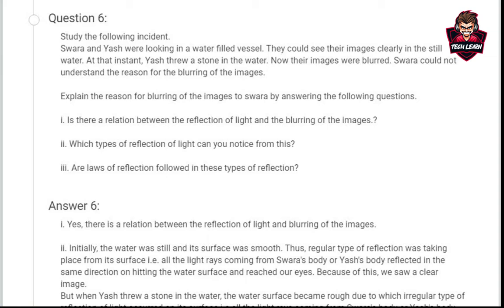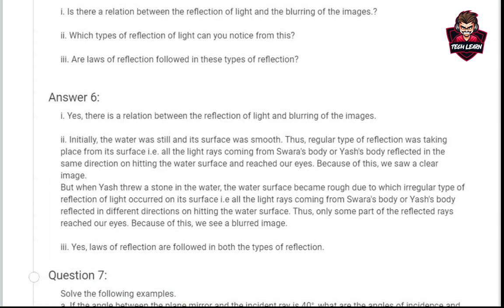Swara could not understand the reason for the blurring of the images. Explain the reason for the blurring of the images to Swara by answering the following questions. 1. Is there a relation between the reflection of light and the blurring of images?